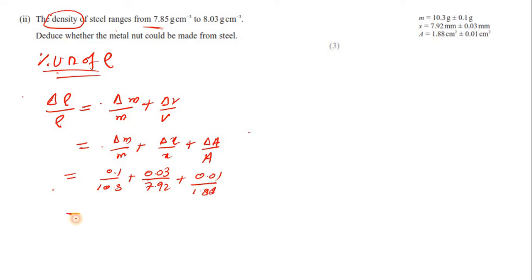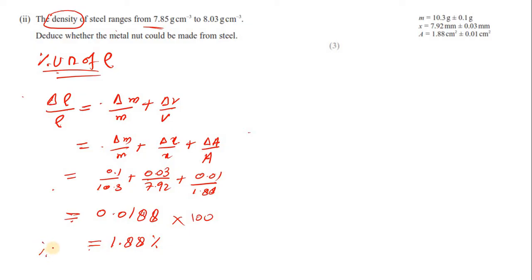In this way you have delta rho over rho 0.0188, and if you multiply by 100, you get 1.88%. This is the percentage uncertainty of density.